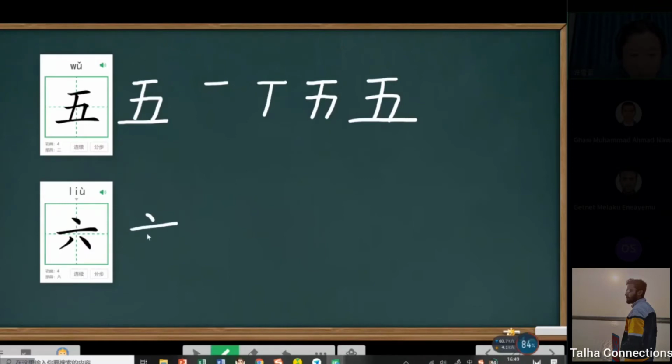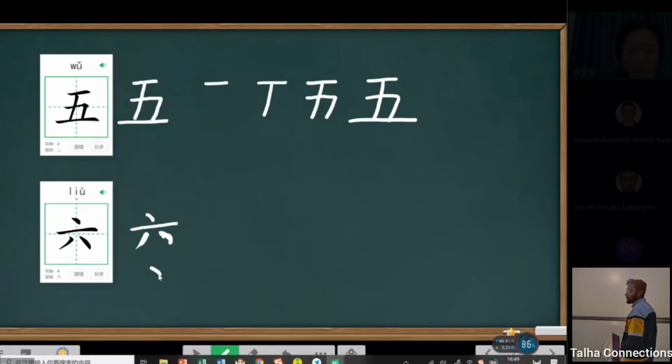Pay attention to this one, the left stroke. You start it and go to the left side swiftly in order to form this sharp tip, right? And the last one goes from left to right. Because I'm writing on the screen, I'll do it one more time.